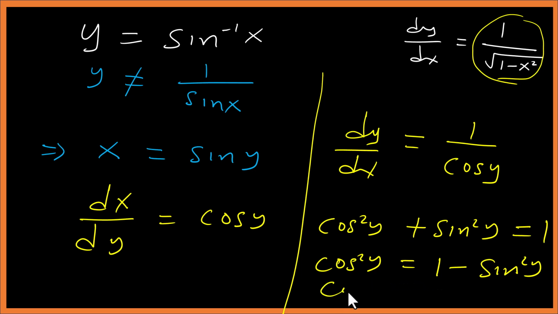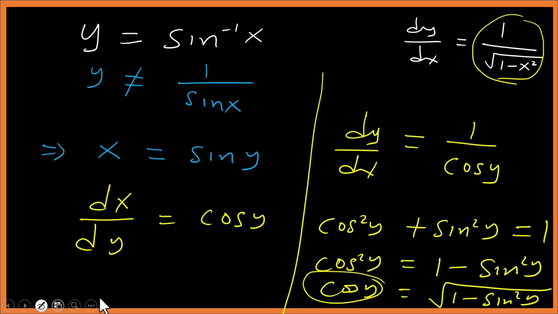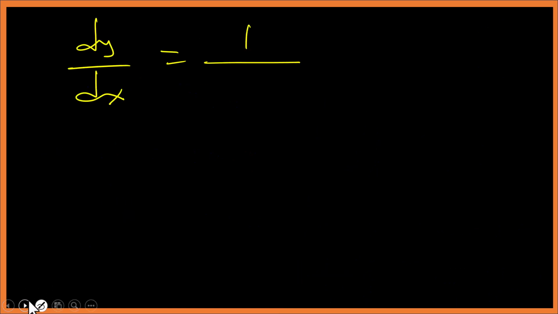So my cos y will be plus or minus the square root of 1 minus sine squared y. So in place of cos y, I'll put the square root of that: dy/dx equals 1 on square root of 1 minus sine squared y.